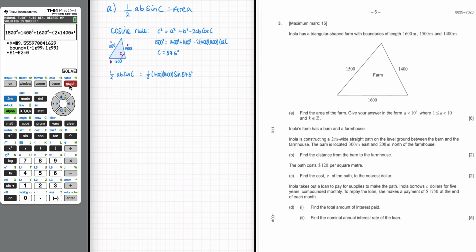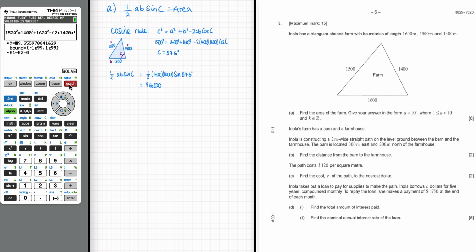You should leave it as 59.6. It should not be rounded, because otherwise your answer would then be rounded as well. And that gives us 966,000 to 3 significant figures, and you could just type that into your calculator.